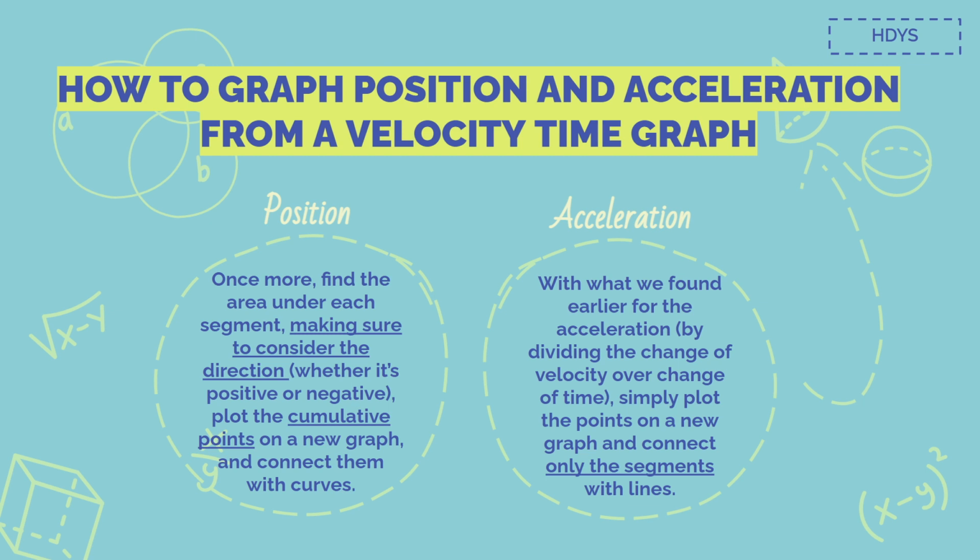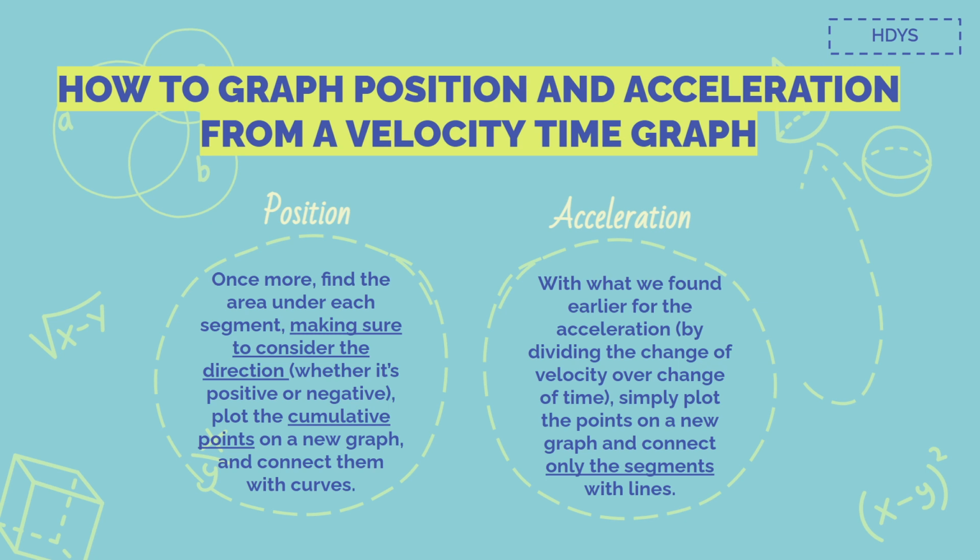As for acceleration, excuse me, with what we found earlier for the acceleration by dividing the change of velocity over the change of time, we just simply plot the points on a new graph and connect only the segments with lines. So it wouldn't be continuous, but rather they would be jumping lines, which may seem a little unrealistic.